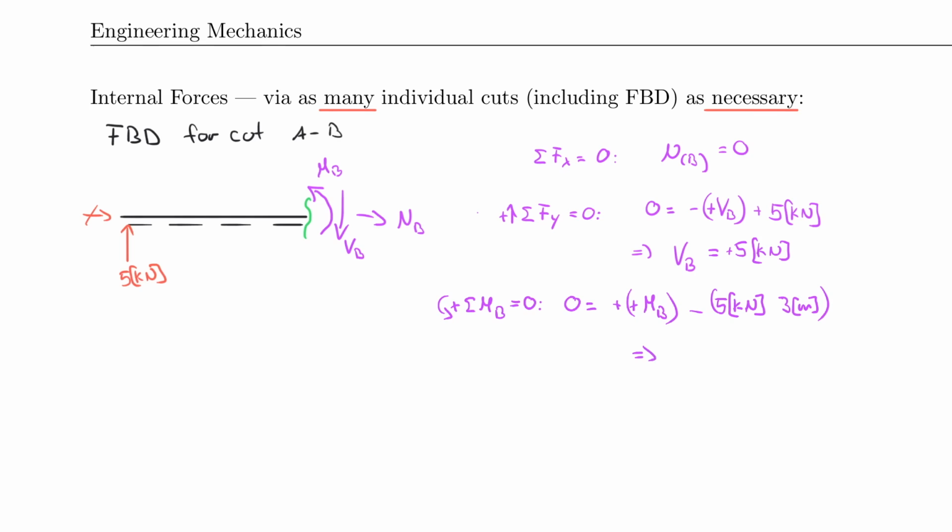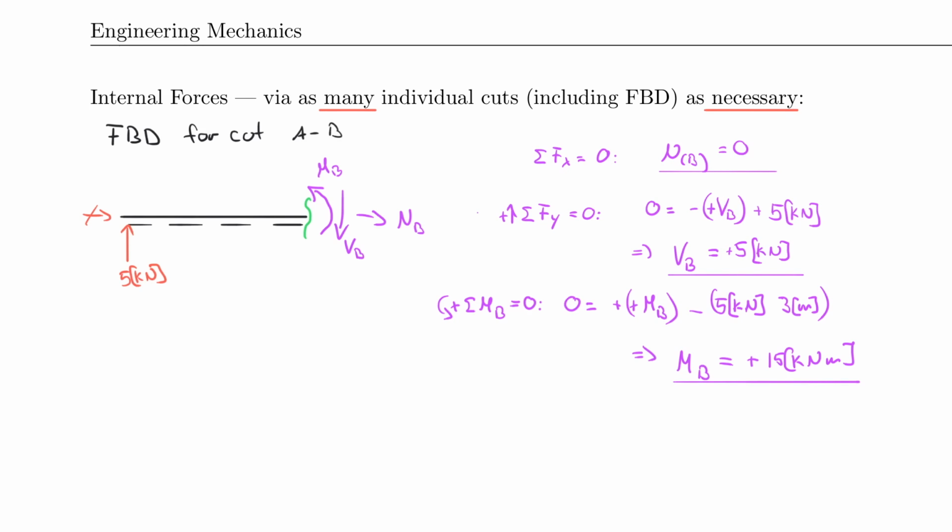So therefore I know now that my M at B is equal to plus 15 kilonewton meter. Once again a result, but I will use that result in a diagram later on. But sometimes it helps me to find the values faster as I solve them. So I will at least single underline each of these values so that when I look for them later on, I will know where to find them.